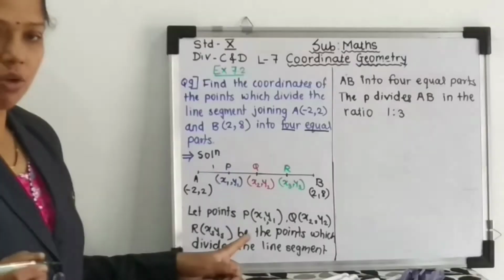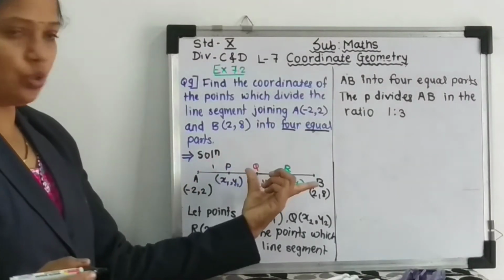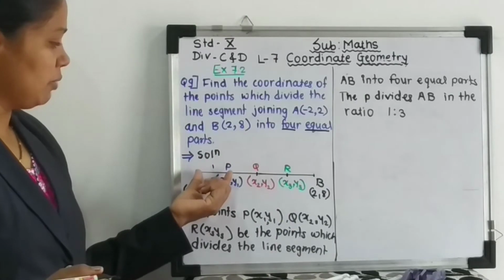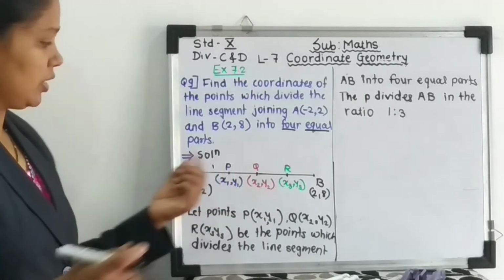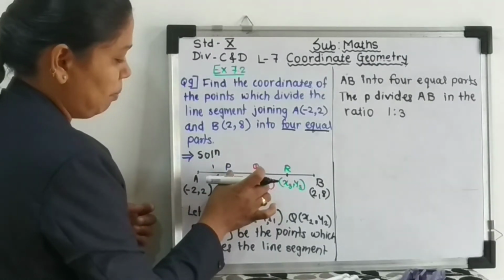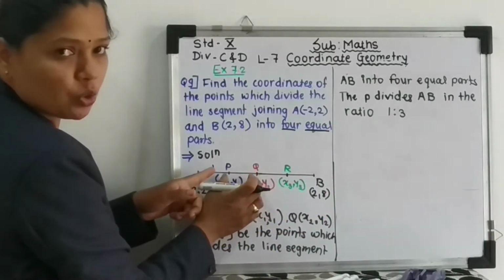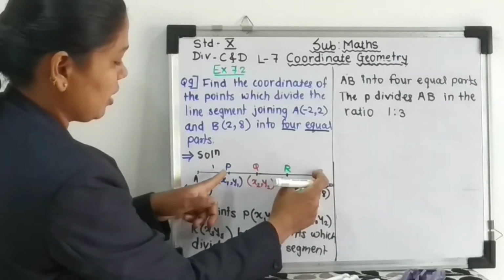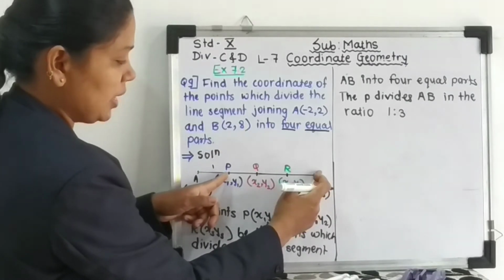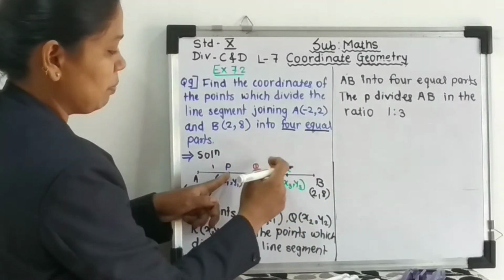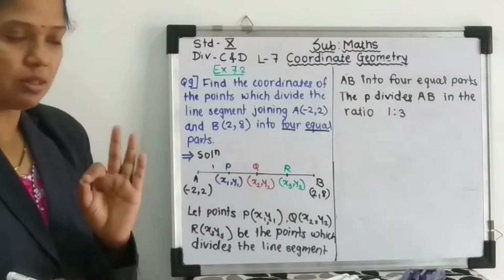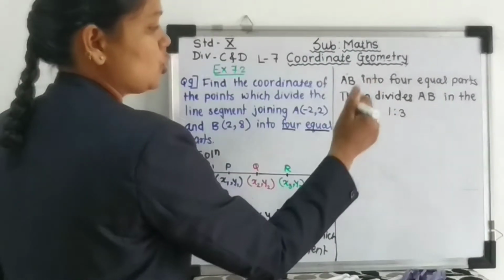Understood how we have written 1:3? This is the one part, so we have written 1 for AP and PB. PB means the whole part we are taking, not only PQ. We are considering up to PB, which is 1 plus 1 plus 1, that is 3 parts. So that's why 1:3.